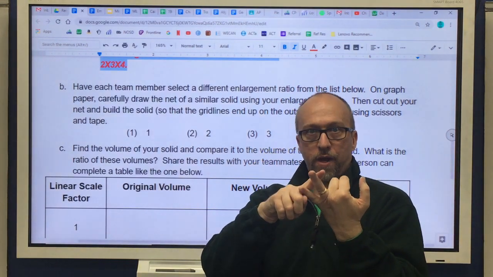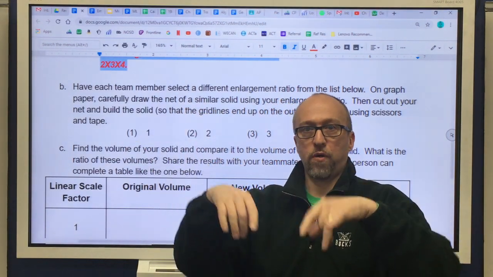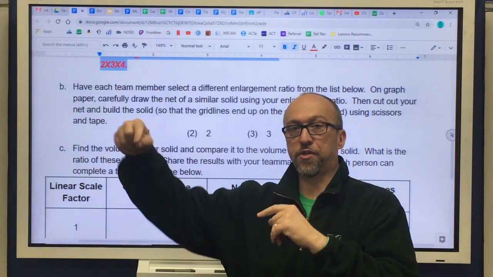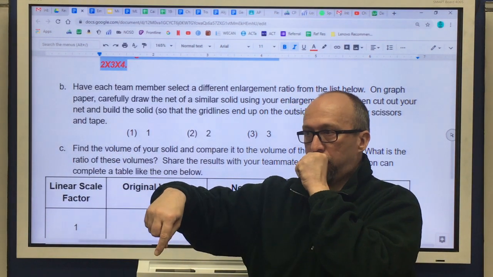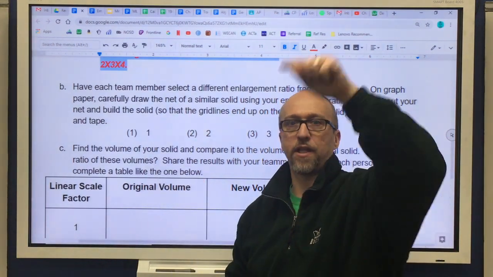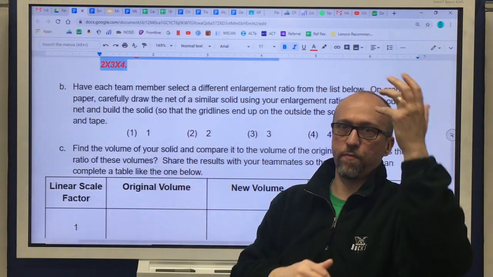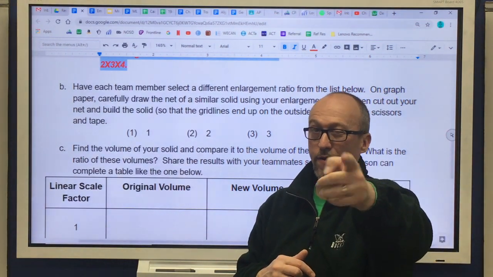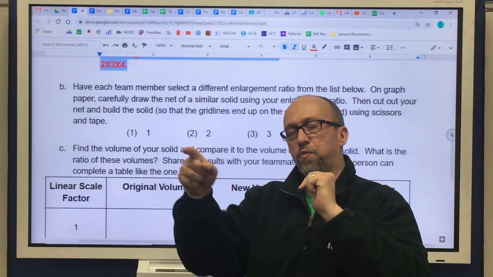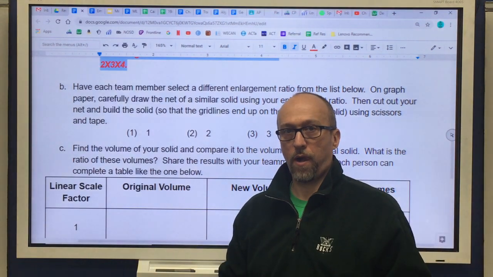What did that do to the area? The perimeter had the same ratio of small to big triangle that the original sides had. So if the little triangle had a side that was half the length of the big triangle's, then the perimeter was half the perimeter of the big triangle. But if the ratio of the sides was 1 over 2, the ratio of the areas was 1 over 4.